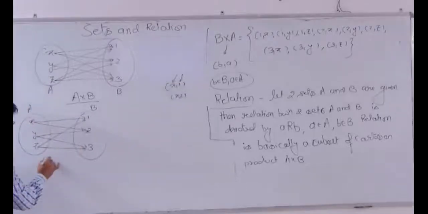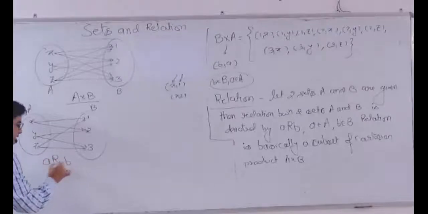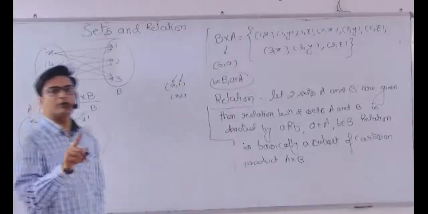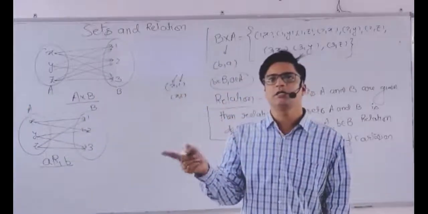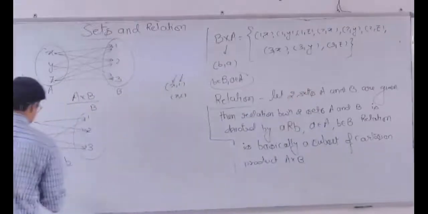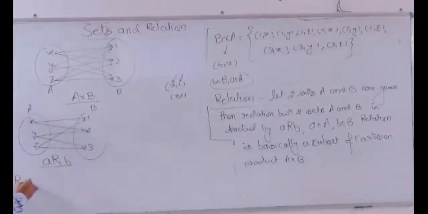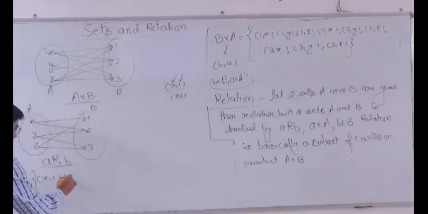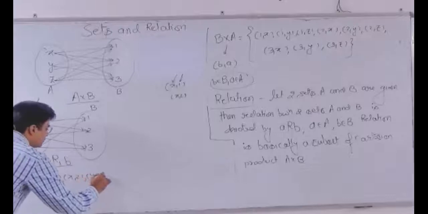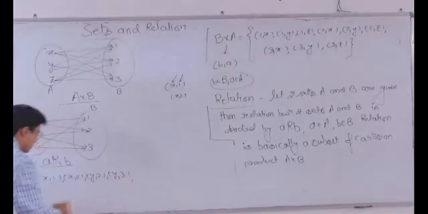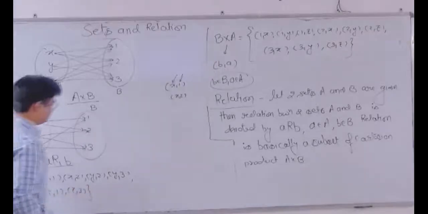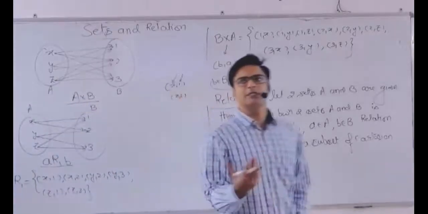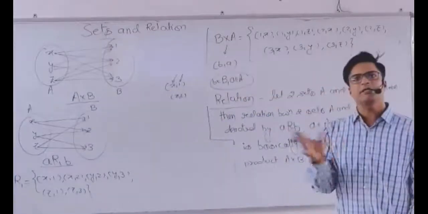And I'm writing A R1 B. That means I have defined a relation R1 from set A to set B such that the elements are X comma 1, X comma 2, Y comma 2, Y comma 3, Z comma 1 and Z comma 3.